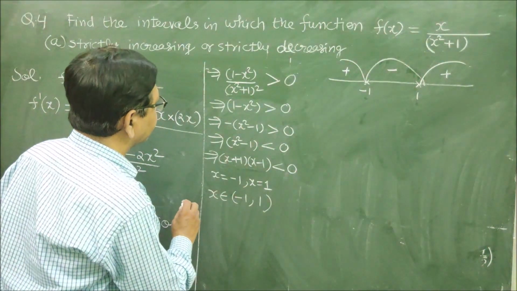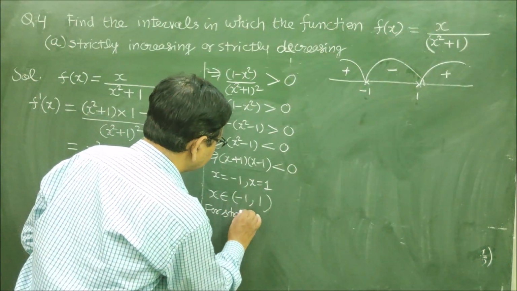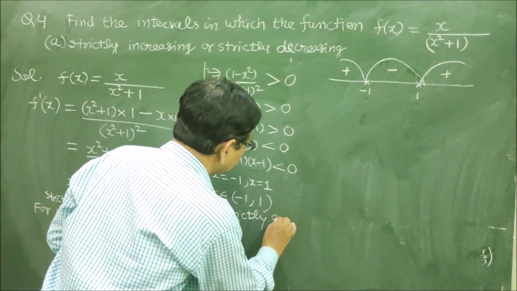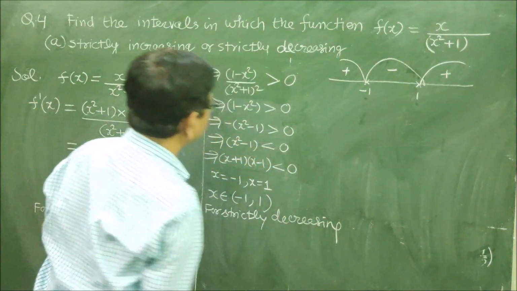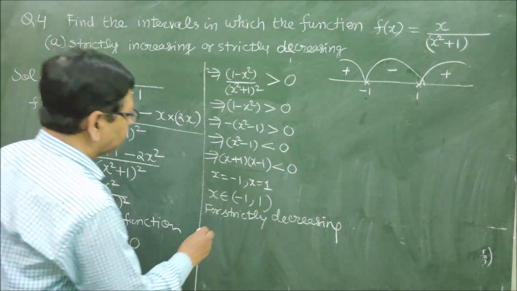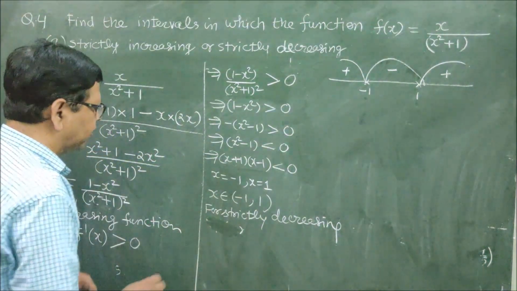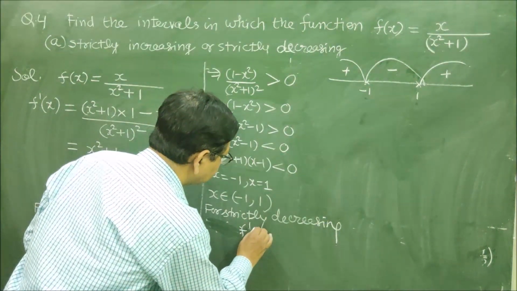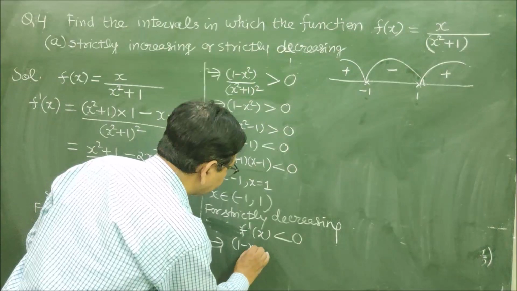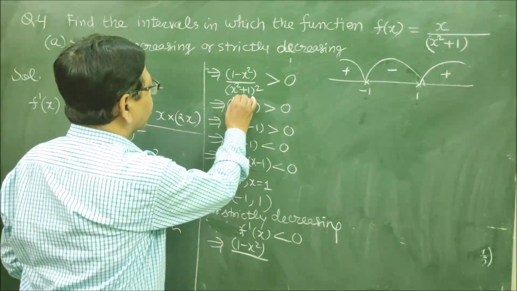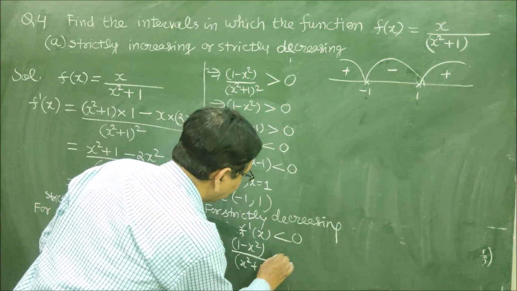And for strictly decreasing, this f dash x should be less than 0. That is 1 minus x square upon x square plus 1 whole square should be less than 0.